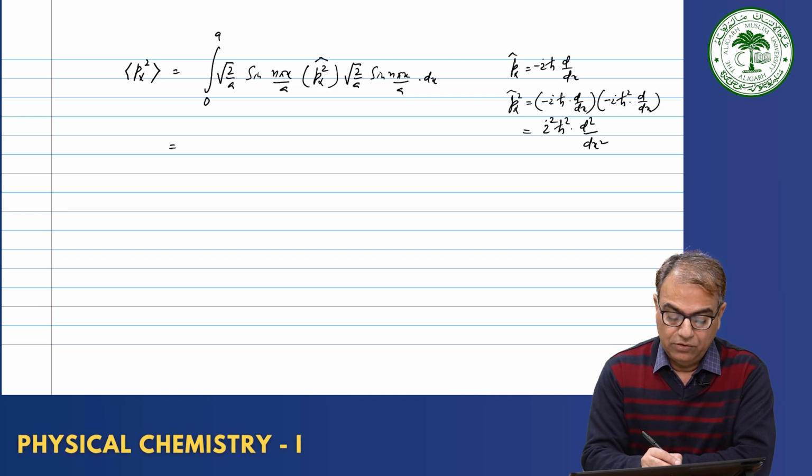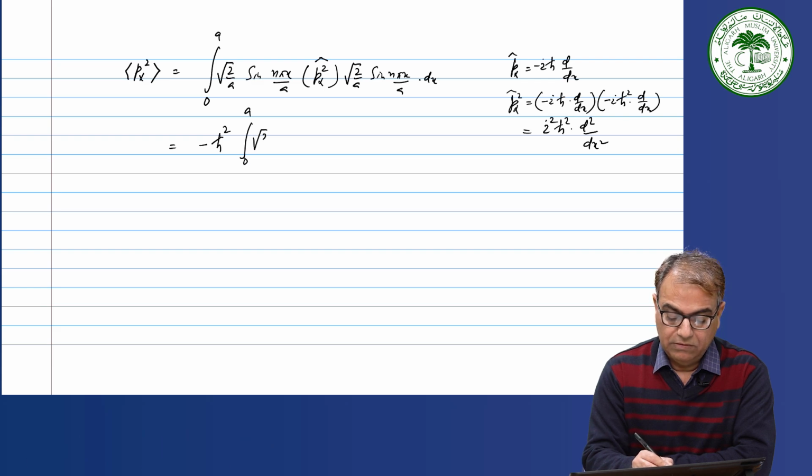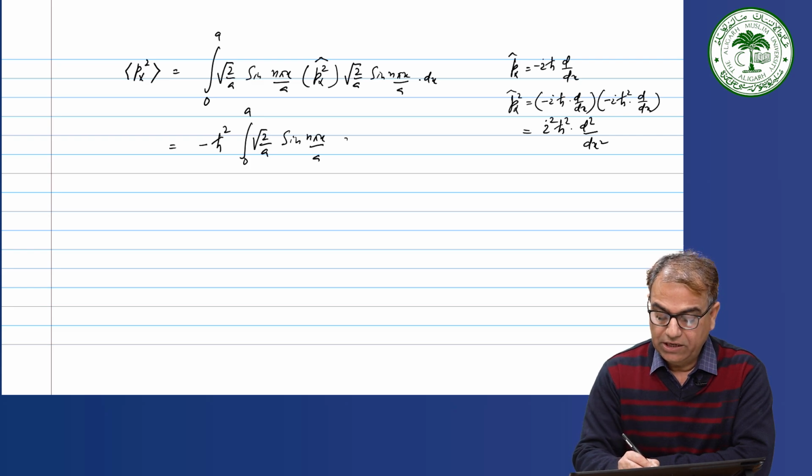So if you put this value here, then i square is minus 1, so you can bring minus h cross square outside. Knowingly, I am not taking this root 2 by a outside: root 2 by a sine n pi x upon a, and then you have d square by dx square of root 2 by a sine n pi x upon a dx.